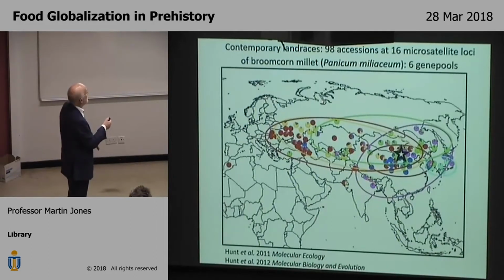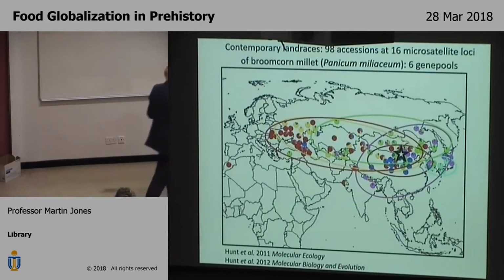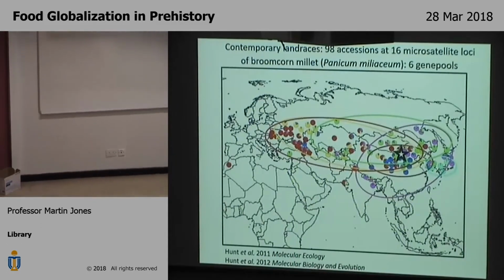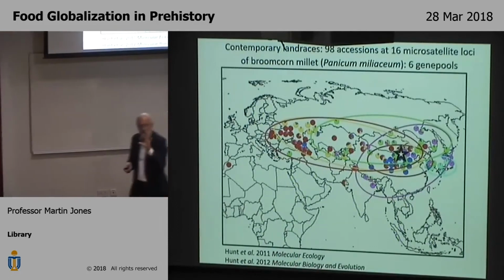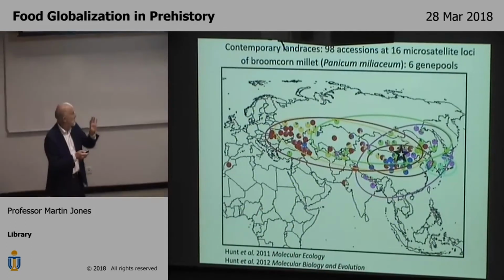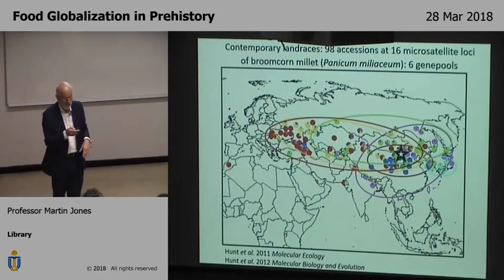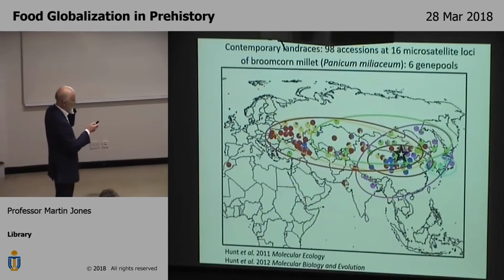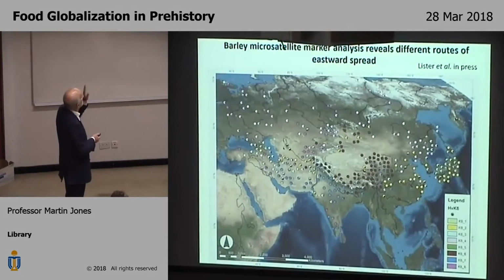There are a number of movements within East Asia, and three westward, two of which stretch right across to East Europe, where by the historic period there are strong millet traditions. So it gives you a feel for one element of what you can get with genetics, and I'll unfold some other things in due course.